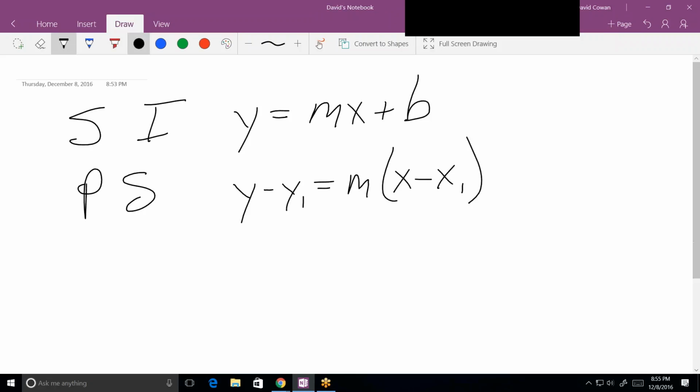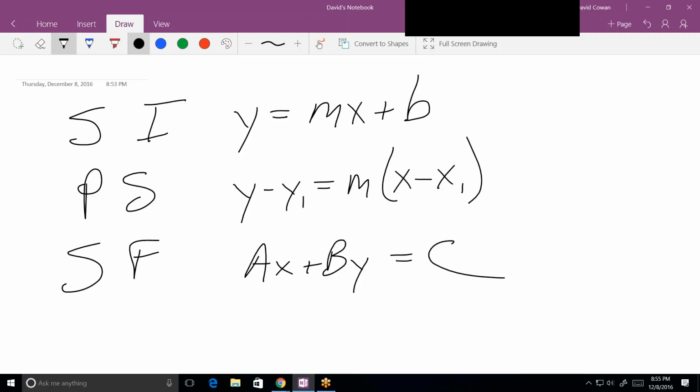There's one other format, which is standard format. And that is ax plus by equals c. In other words, they may give you one that looks like 2x plus 3y equals 4.